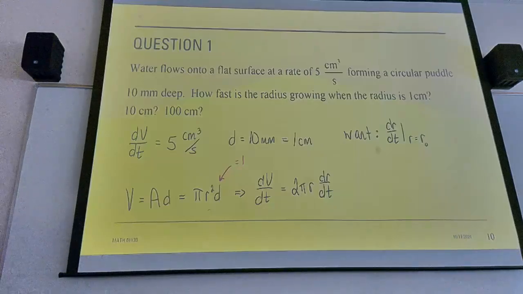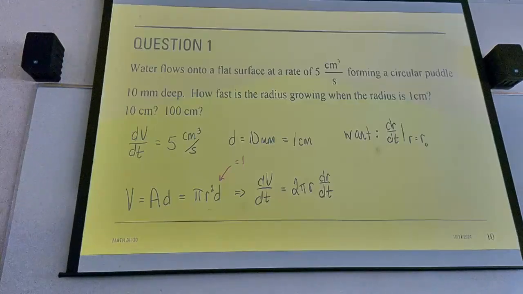At this point, you have two options. First is to now plug in your values and then solve. Second option is to solve for the quantity you want to find and then plug in your values.